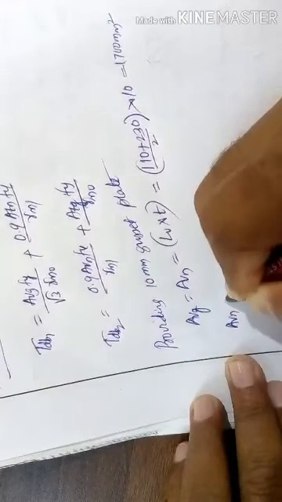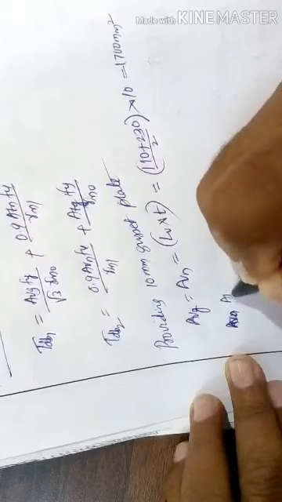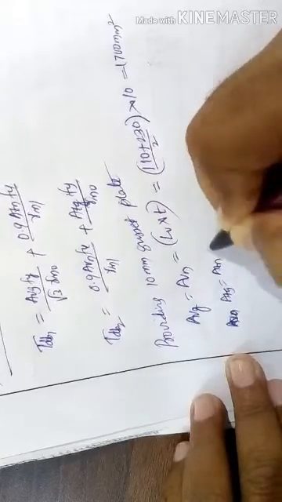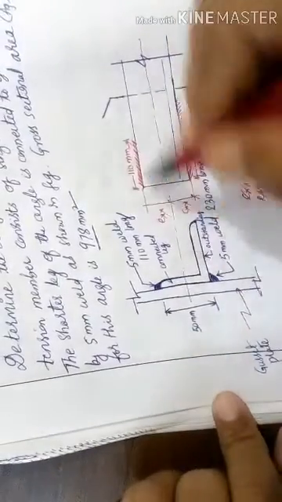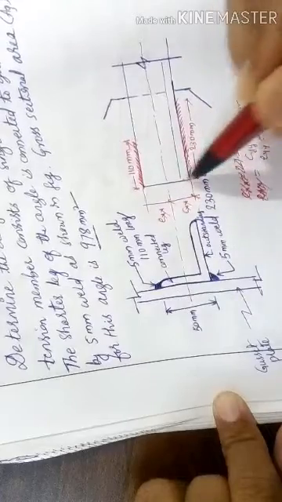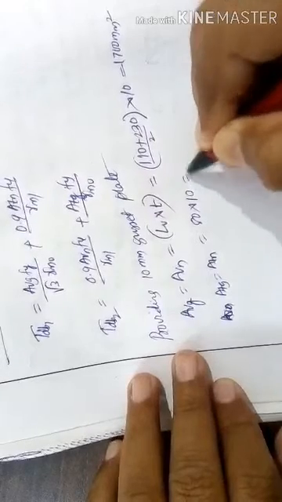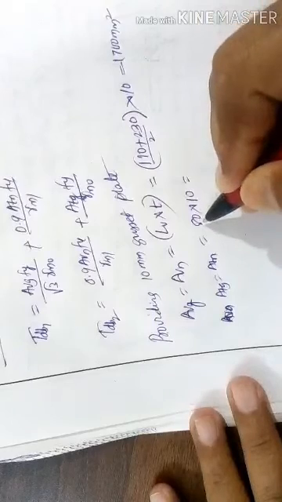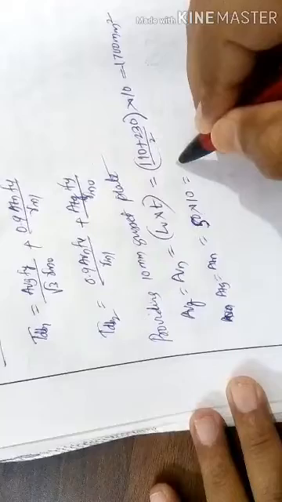Then AVN or ATZ is equal to ATN, that is the tension area. This one is the shear area, you have to take the average length, and this one is the tension area, that is 50 into 10, that is 500.